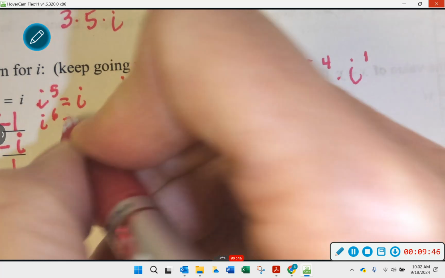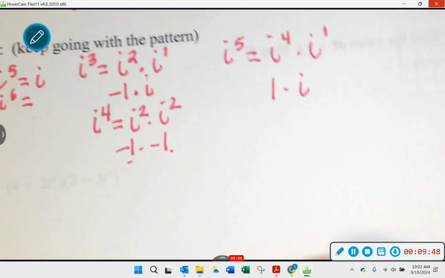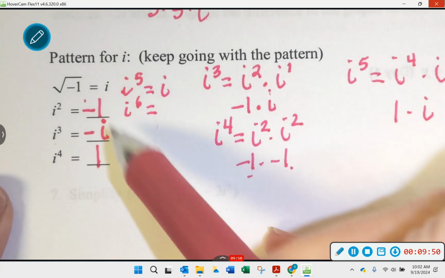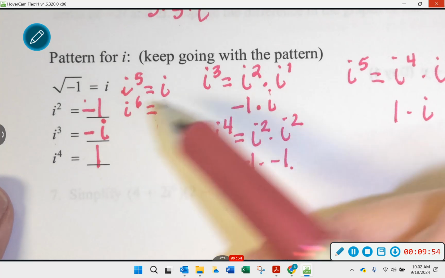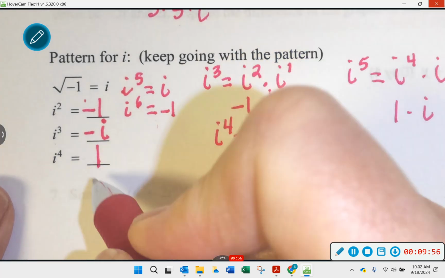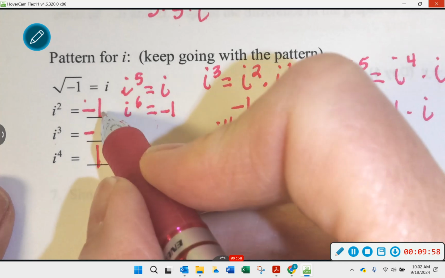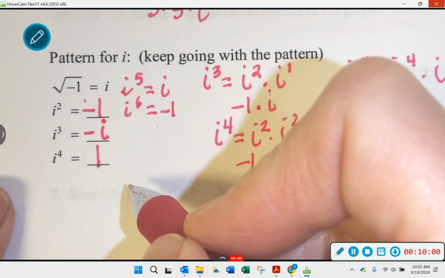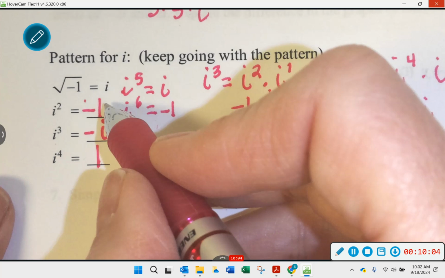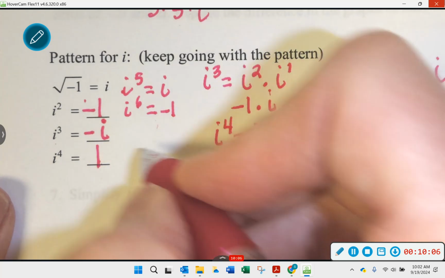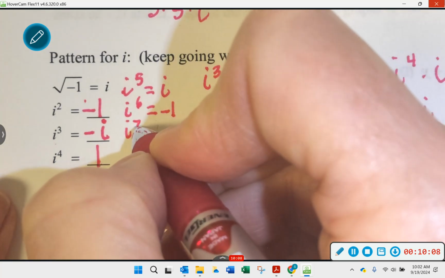Look at the pattern. We start with i. What do you think i to the sixth is going to be then? -1, because it's going to be i to the fourth times i to the second. So it's 1 times -1, which is -1. What's i to the seventh?